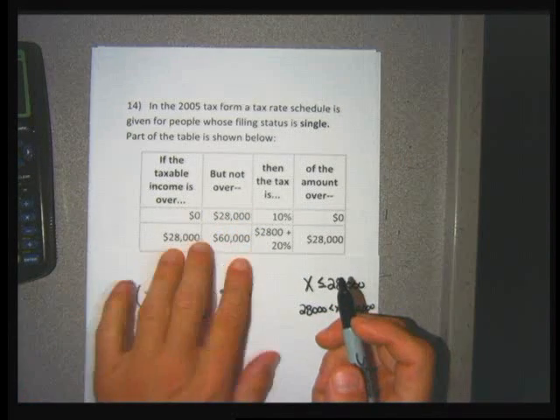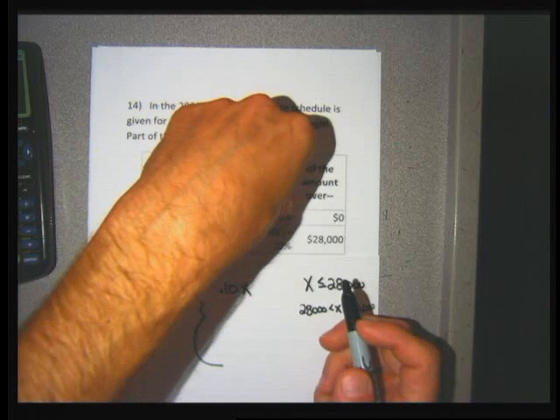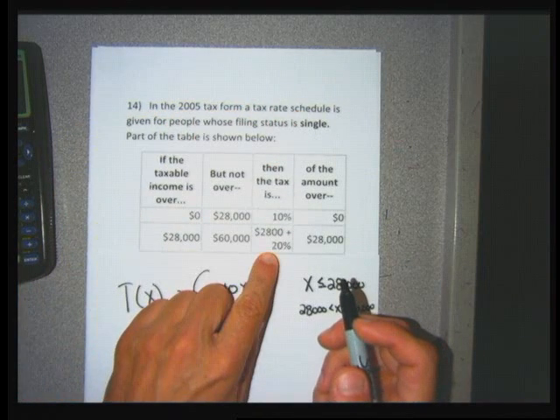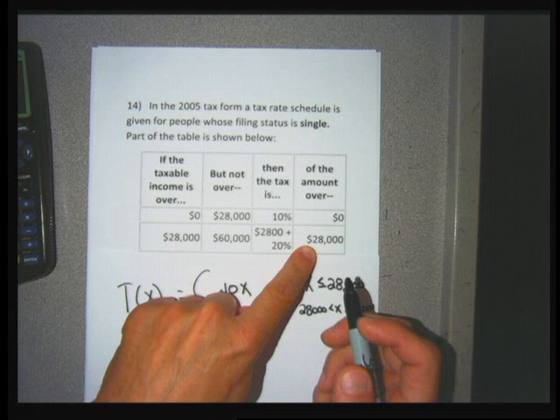If you're in this earnings bracket, you pay $2,800 on the first $28,000, and then 20% of any amount over $28,000. Here's where the subtraction is going to come in.